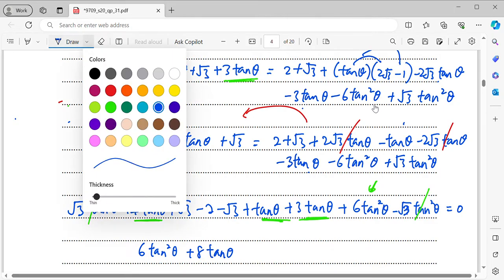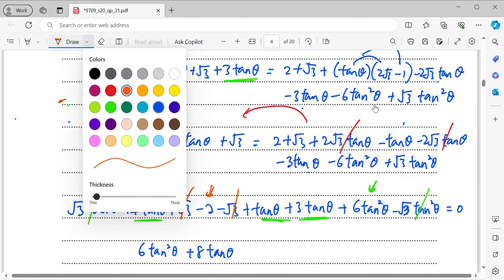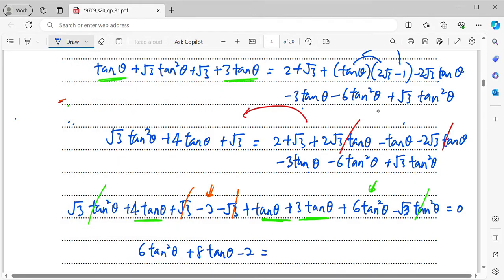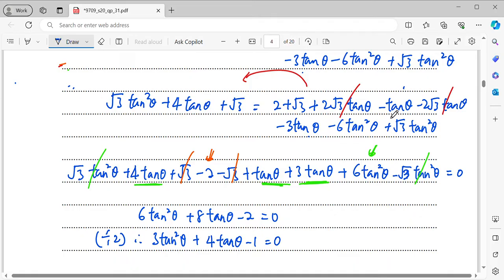Then for the constants, √3 and −√3 cancel off. Then I only have −2. And we need to simplify it. Therefore, divided by 2, it will be 3 tan² θ + 4 tan θ − 1 = 0. So this is our quadratic equation in terms of tan θ.